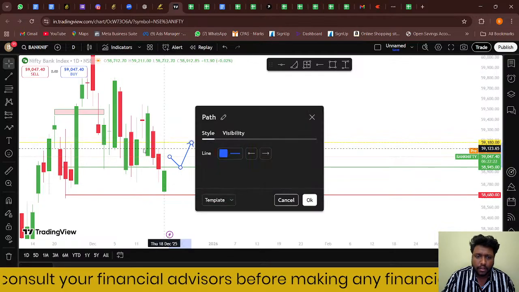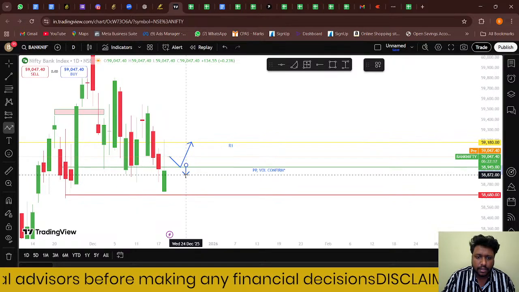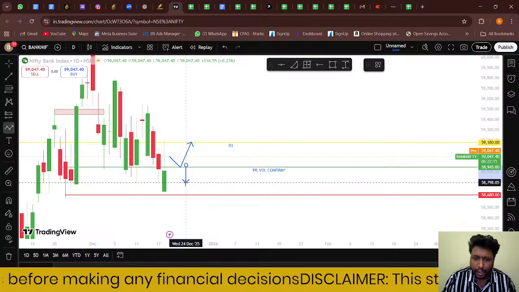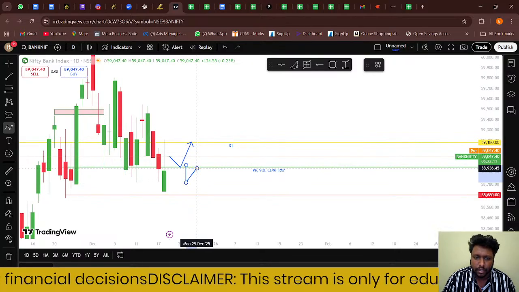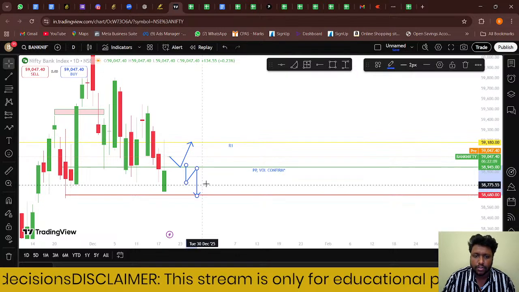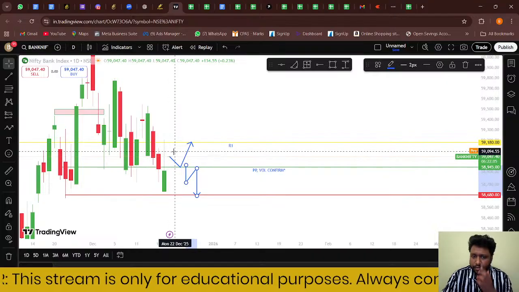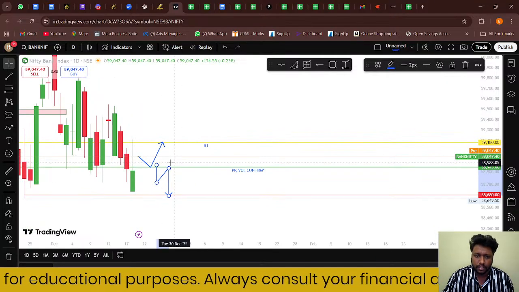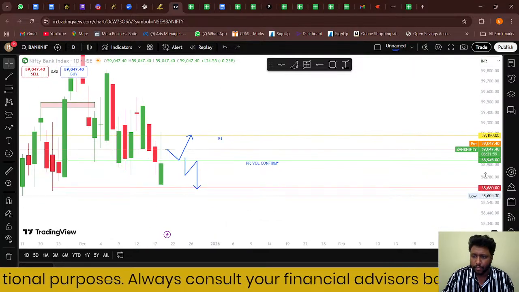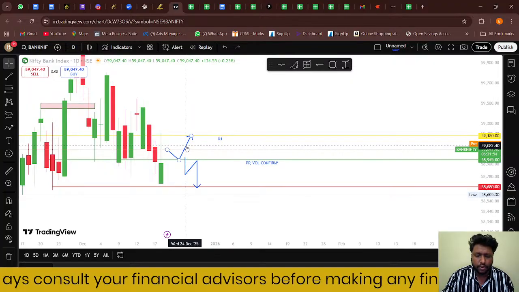Or else if it is breaking down below this, then I can take a breakout entry, or I'll wait for a retest over this level and trade this way. So this will be my trading idea when it is opening in between any of the levels. This will be an opportunity finder for me, and you guys can also utilize this.